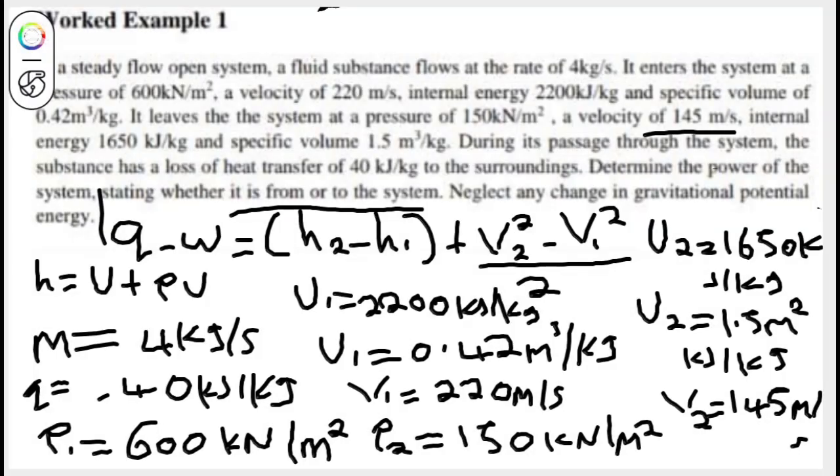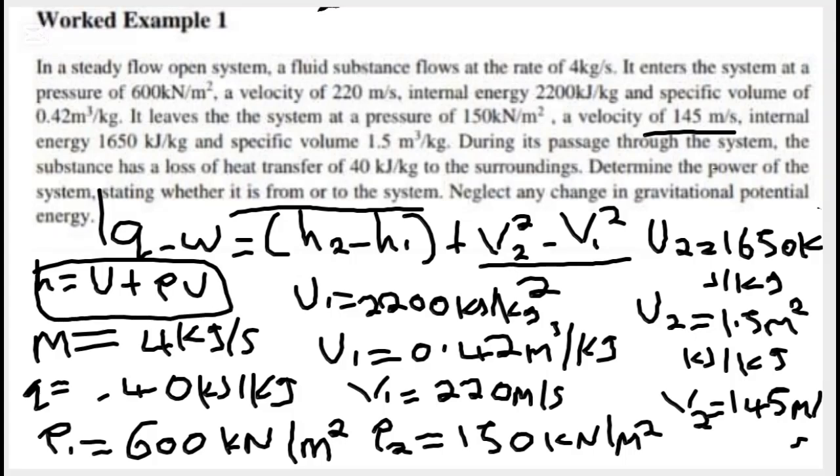So I'm going to find the value of this H, which is equal to U plus PV. And don't forget we have H1 and H2. So we are going to find each, and also V2 squared and V1 squared.